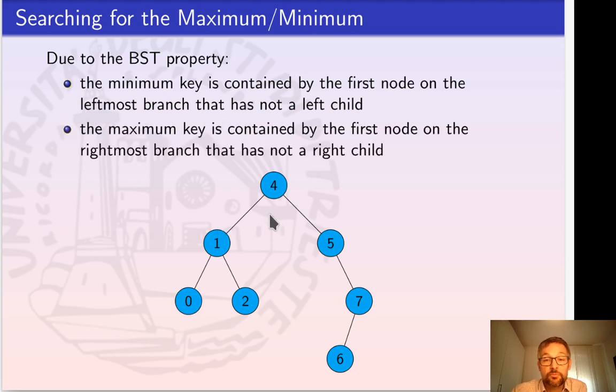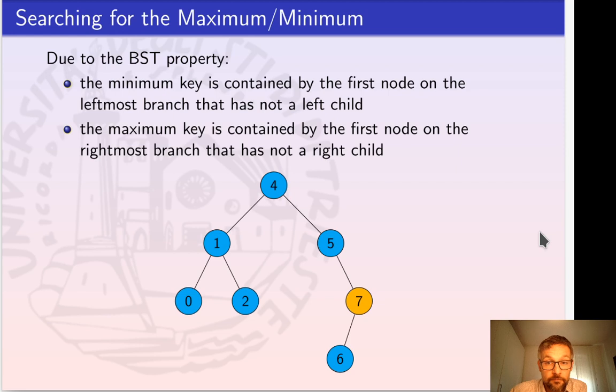Well, again, due to the BST property, if we are searching for the maximum, we need to go to the right, and so the maximum will be the first node on the rightmost branch which hasn't a right child. So this node has a right child, this node has a right child, this node hasn't any right child, so this is the maximum actually.